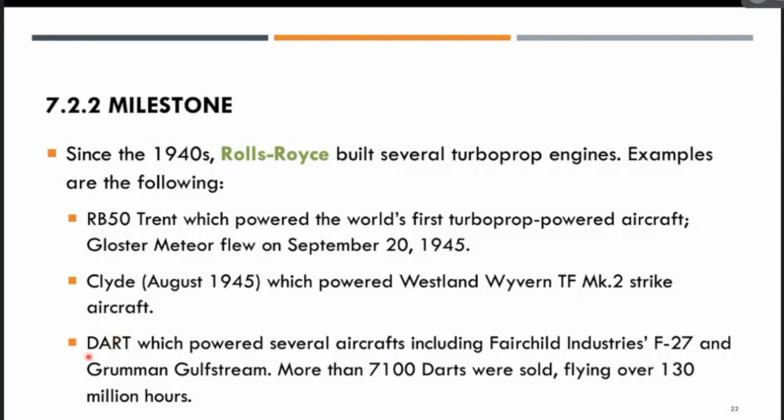And then also the Dart engine, which powered several aircraft, including the Fairchild Industries F-27 and Grumman Gulfstream. More than 7,100 Dart engines were sold worldwide, flying over 130 million hours. So it was quite popular during those days in the 1940s and 1950s.